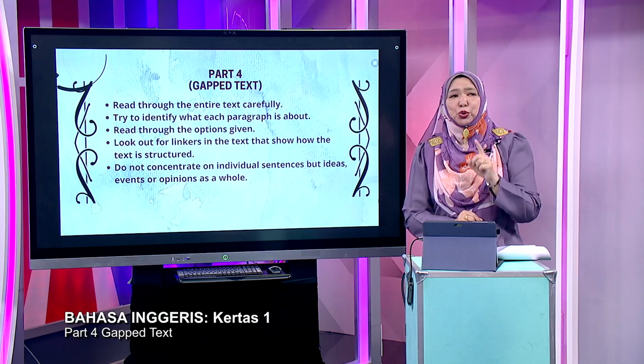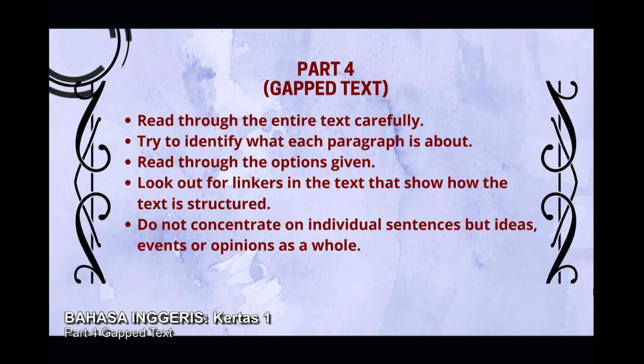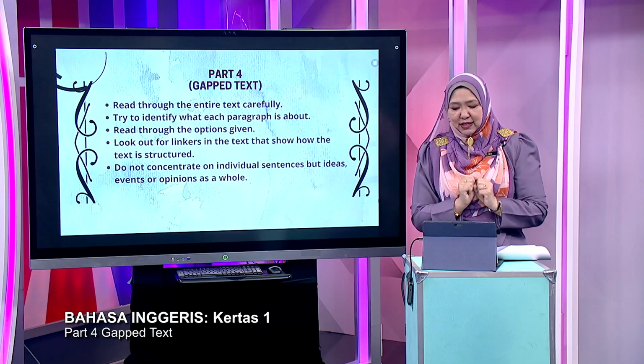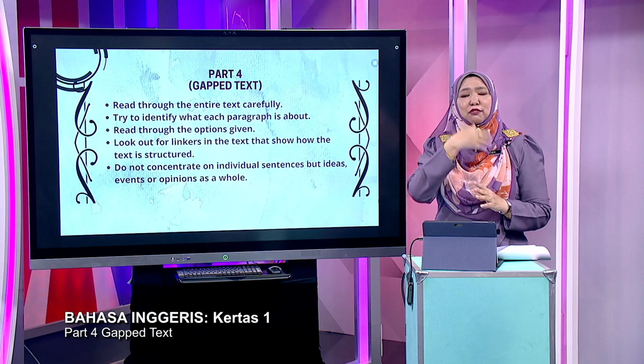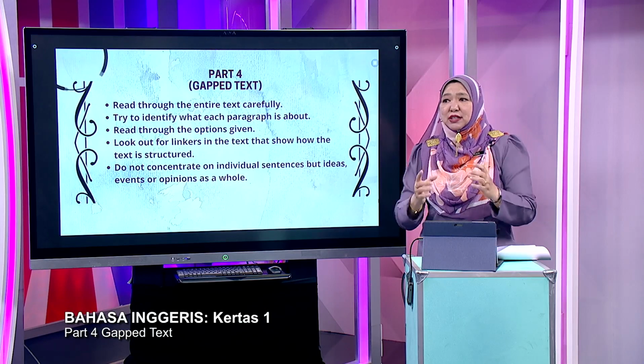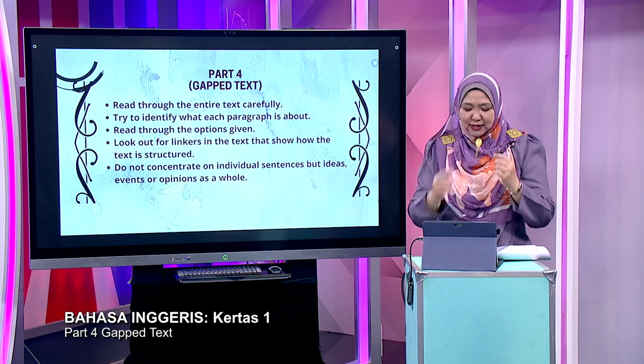Do not concentrate on individual sentences, but on ideas, events, or opinions as a whole. Not only concentrating on one single sentence, so you have to look at the overall idea to get to the correct answer.